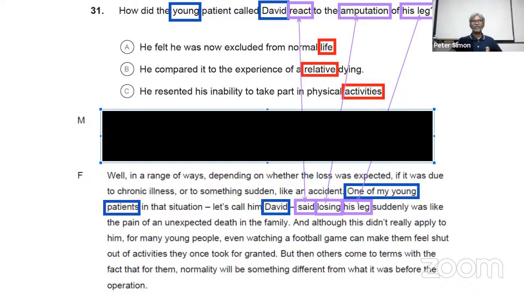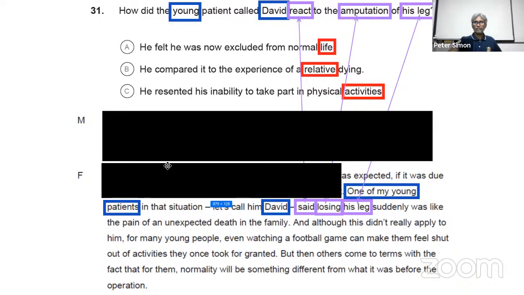The answer will be given by the expert, not the interviewer. The sentence starts from one of my younger patients, so this is not important. The answer will not be here.